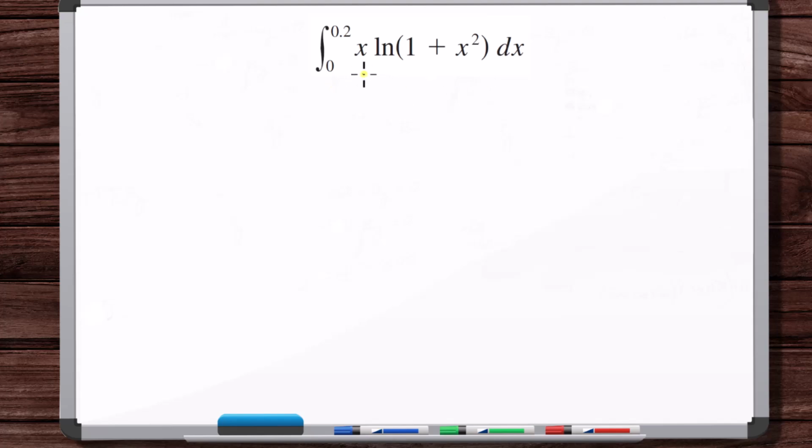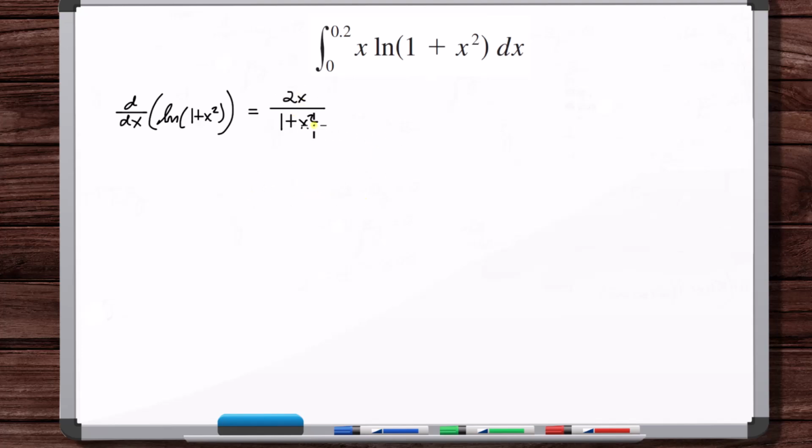So how do we do that? Well, let's think about what the derivatives of this are. If we just focus on the natural log of 1 plus x squared, we know that its derivative is 1 over 1 plus x squared times the derivative of 1 plus x squared, which is 2x.